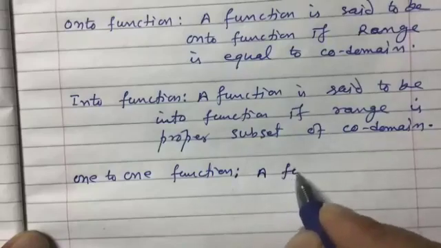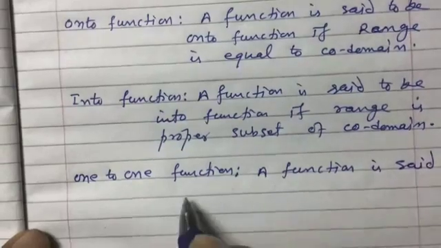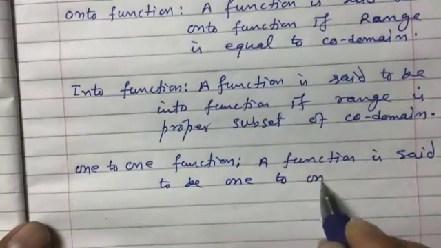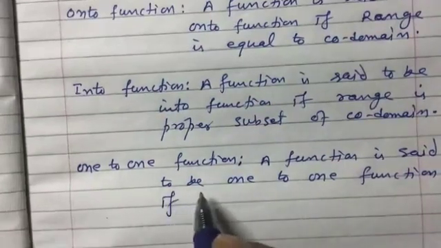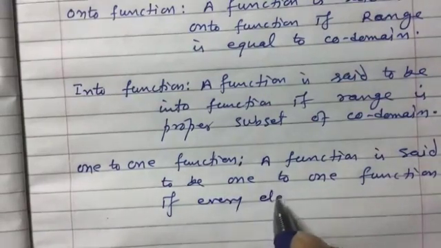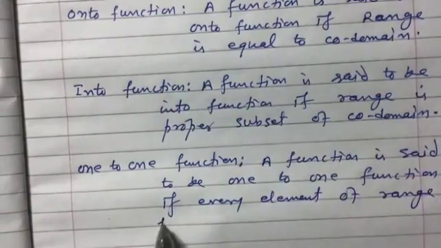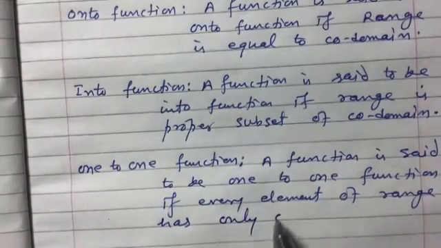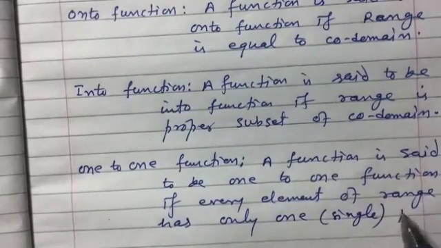A function is said to be one-to-one function if every element of range has only one, that means a single, pre-image.